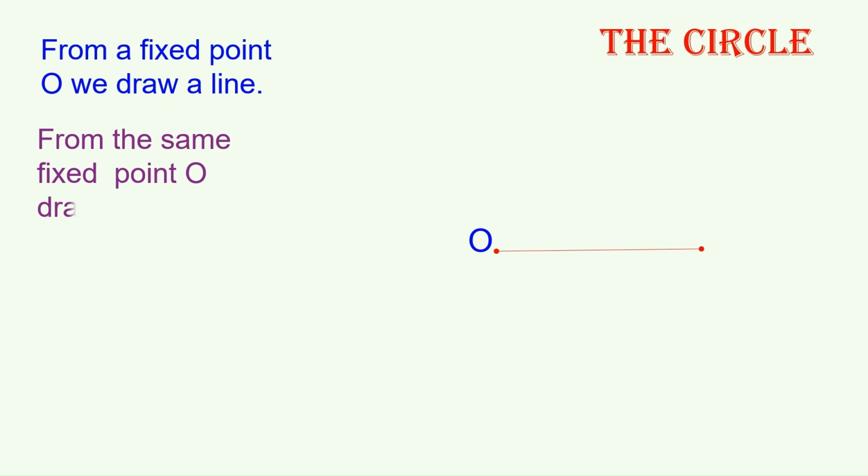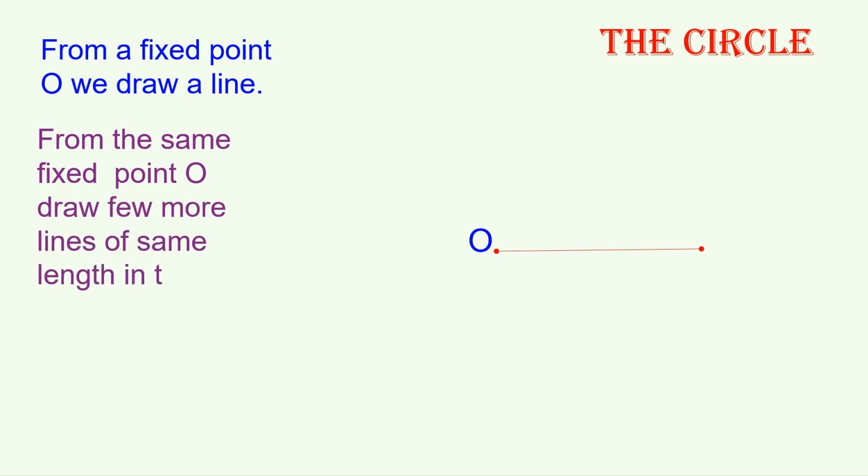To understand the circle, draw a line from a fixed point O. From the same fixed point O, draw few more lines of same length in the other directions.